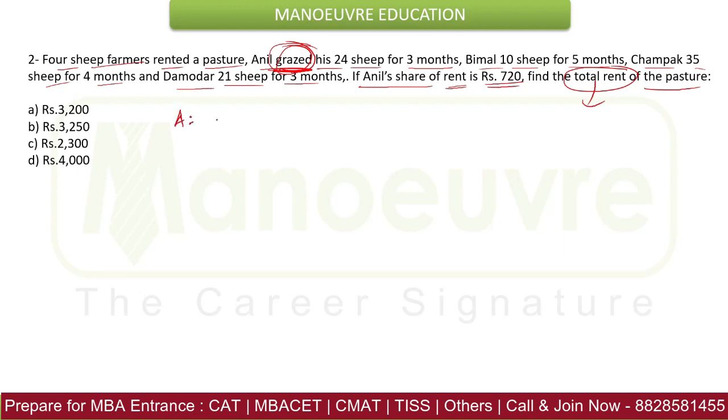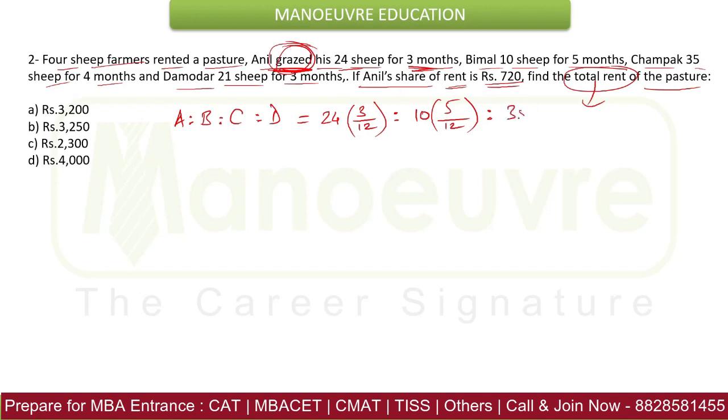So if we try to find the ratio for Anil is to Bimal is to Champak is to Damodar, the ratio with respect to grazing will be, for Anil, 24 sheep for 3 months, so this will be 3/12 for 1 month into 24 sheep. And for Bimal it will be 10 sheep, for 5 months, so 5/12 into 10 sheep.